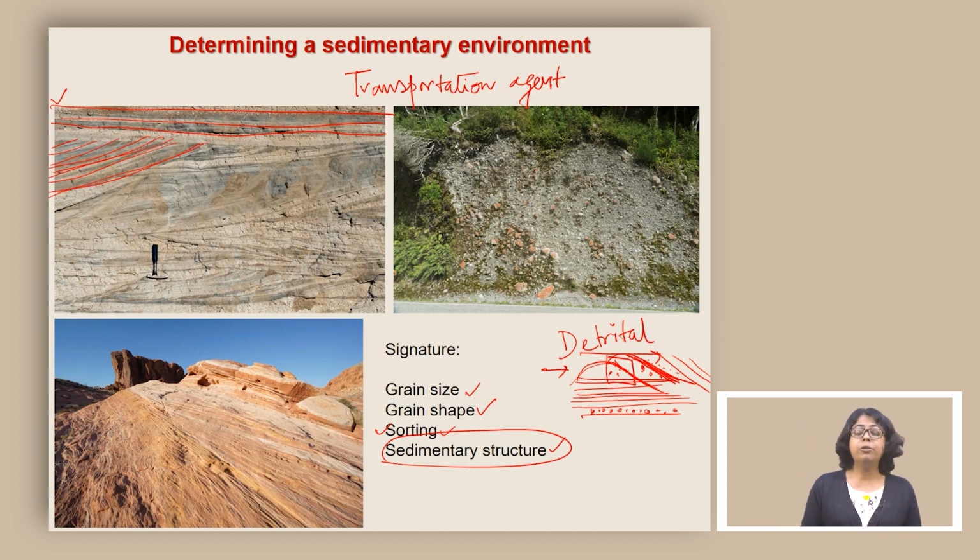So, these kind of sedimentary structures are also very important in recognizing what was the transportation agent. For example, in this case these are typical cross stratification that we can expect only in the fluvial regime, or when the rivers are the primary agents of transportation.